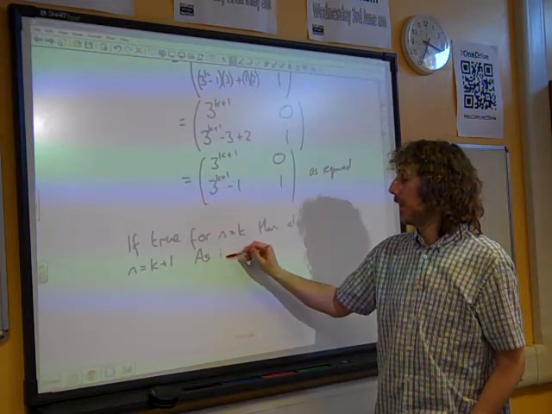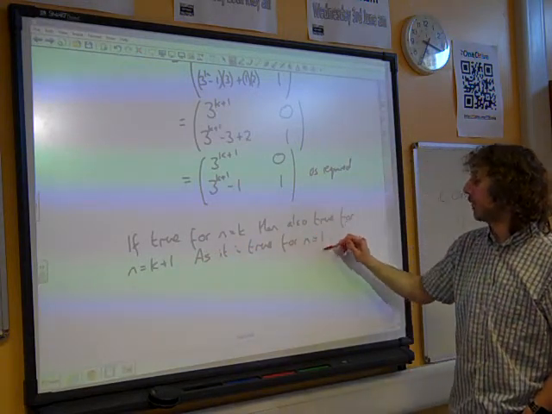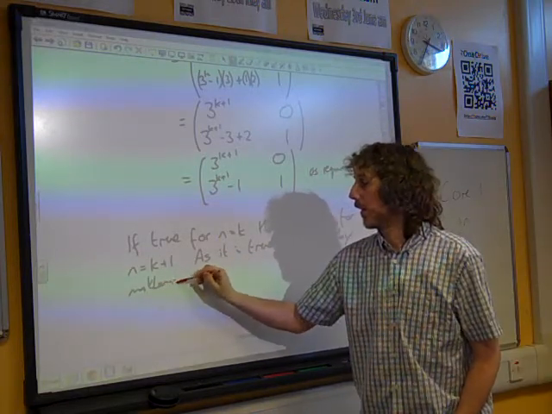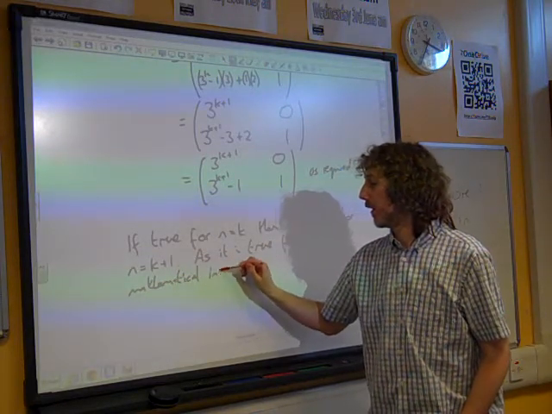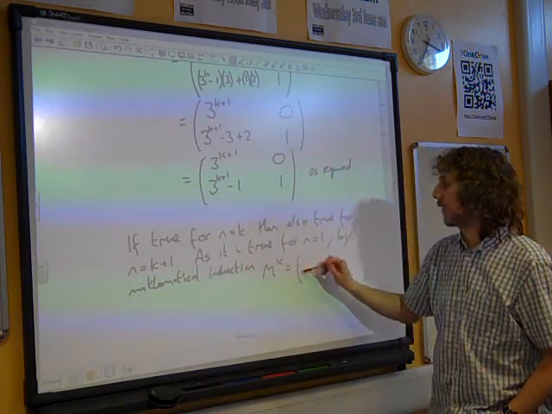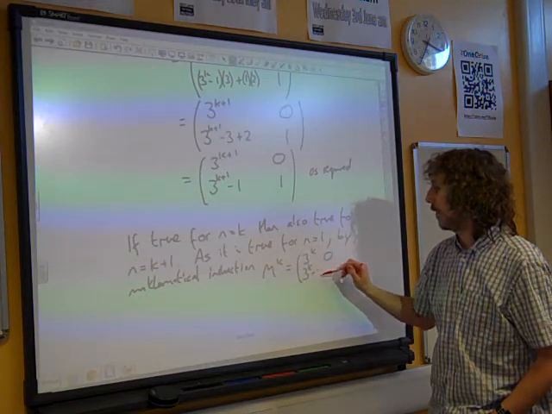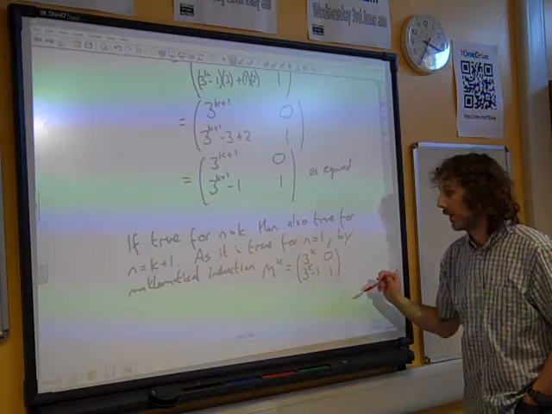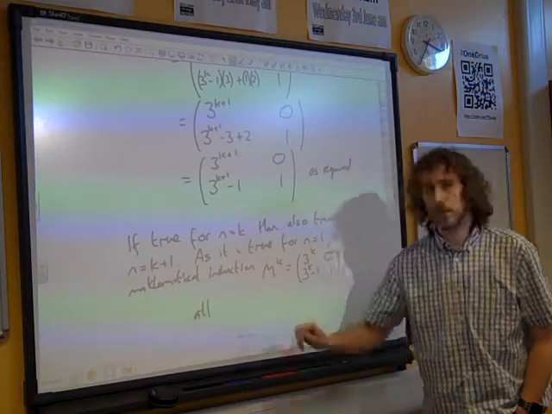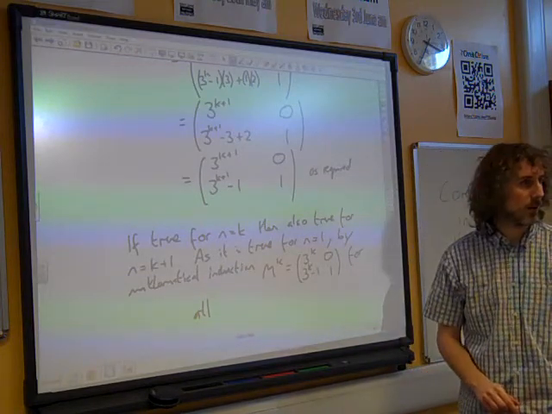As it is true for n equals 1, by mathematical induction, M to the n equals 3 to the n, 0, 3 to the n minus 1, 1. I've just used k in there, but I should have used n, shouldn't I?